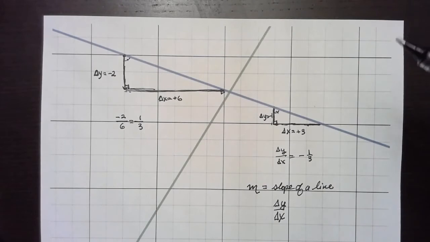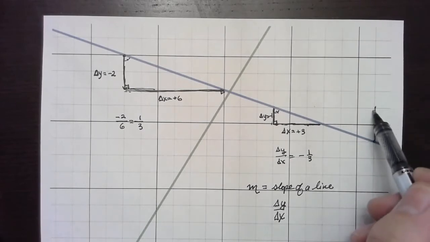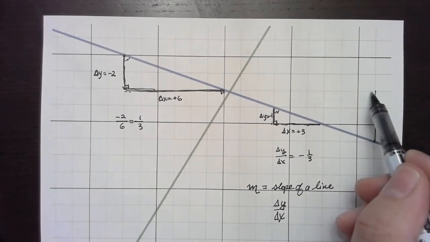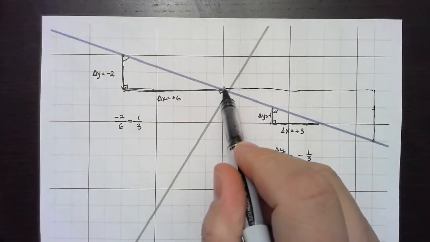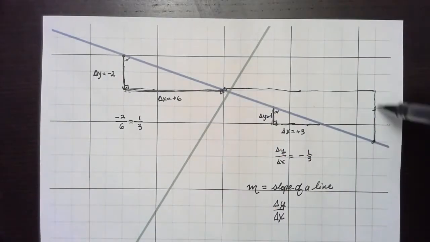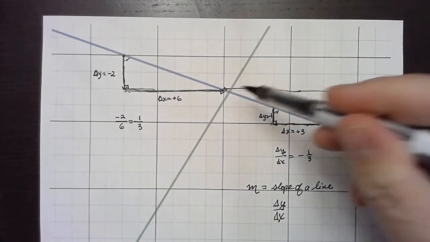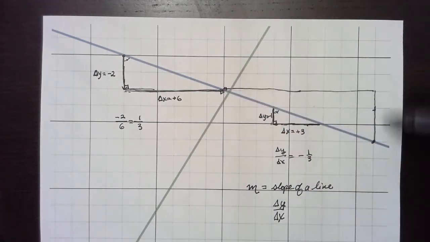A couple of quick notes on slope, and then I want you to do some practice problems before we continue. Okay, one is if I had made my motion sort of in the opposite direction. So let's say I went like this and then like so. Remember, when you're computing slope on a line, you move from one point on the line to another point on the line, and you look at how y changes and how x changes.